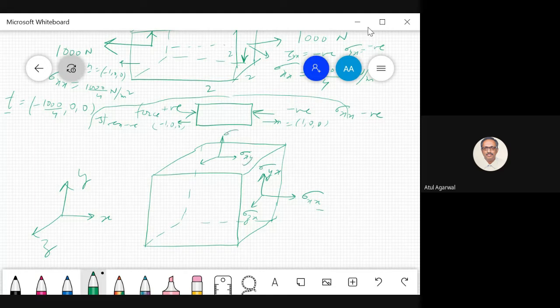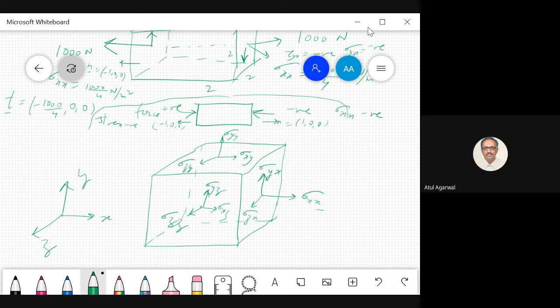This one, sigma yy. This one, sigma zy. Now, suppose I take the front face. What is this stress? Sigma xz. What is this stress? Sigma zz.